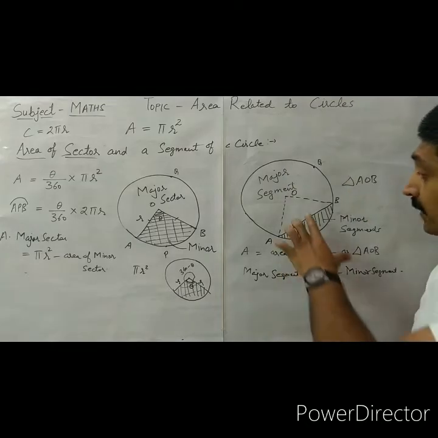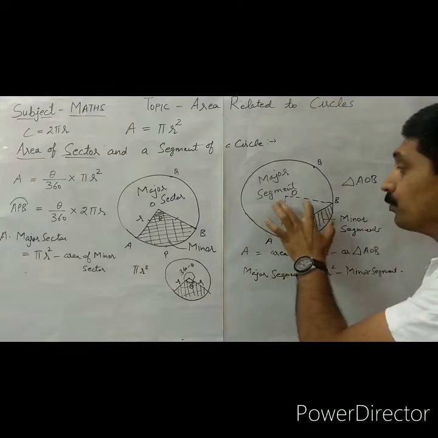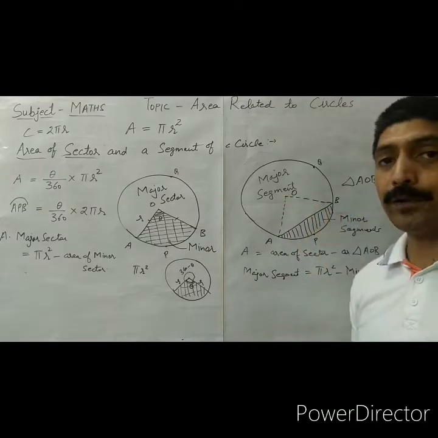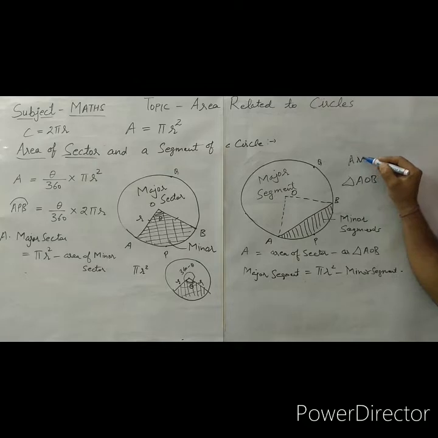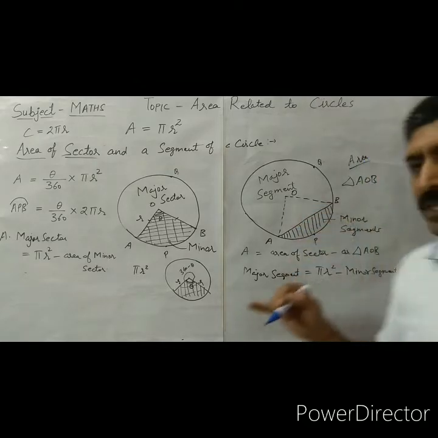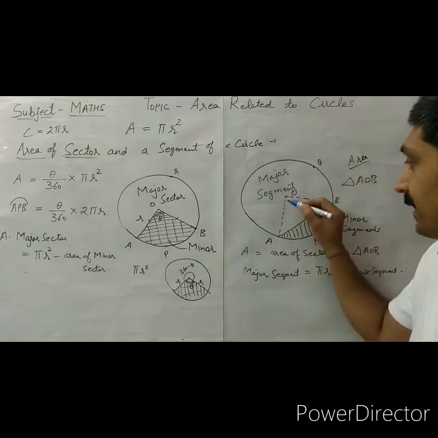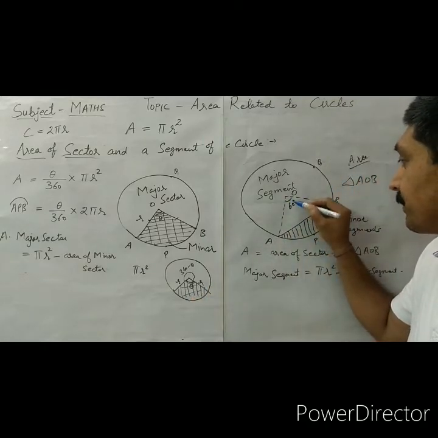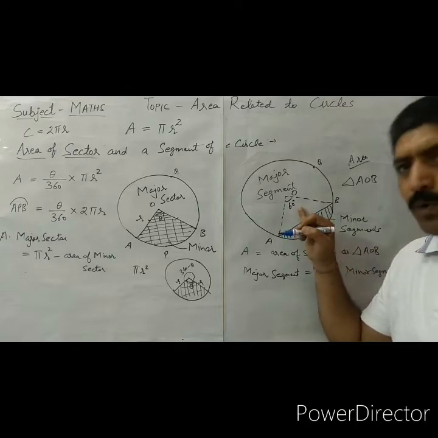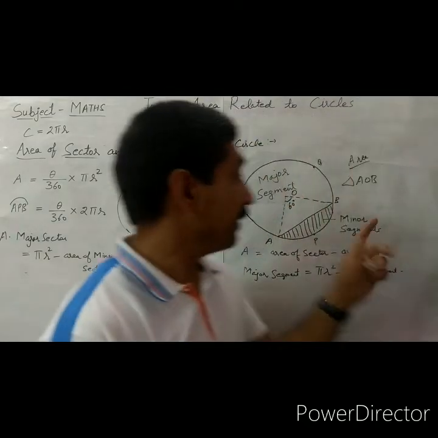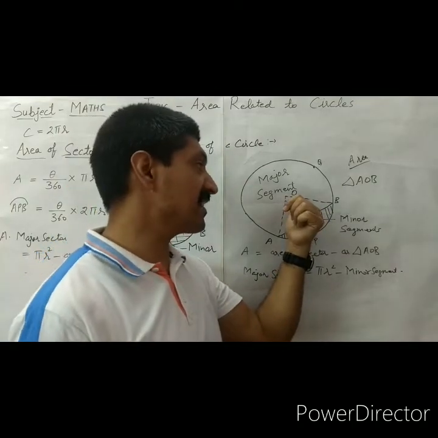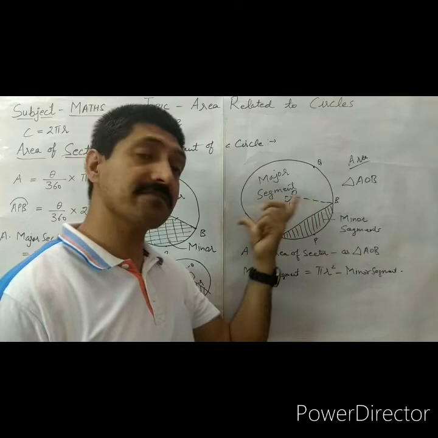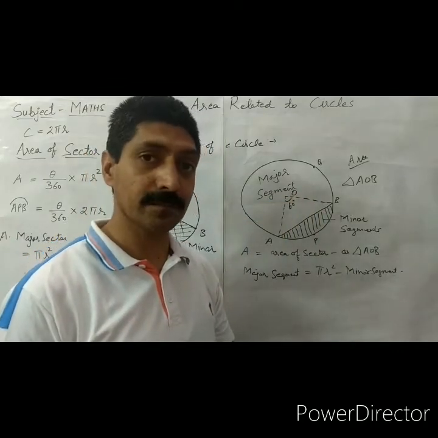And here we have to apply our acquired knowledge to find the area of triangle AOB. In some cases, this angle is given as 60 degrees. In most cases in our book, this angle is given as 60 degrees. If this angle is 60 degrees, it is evident that this triangle will be an equilateral triangle.